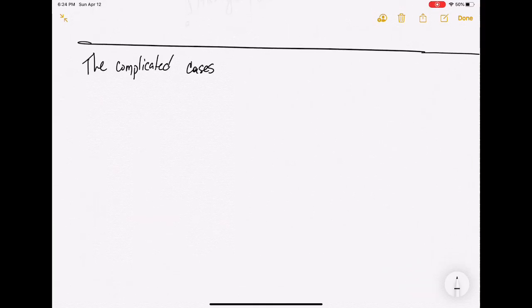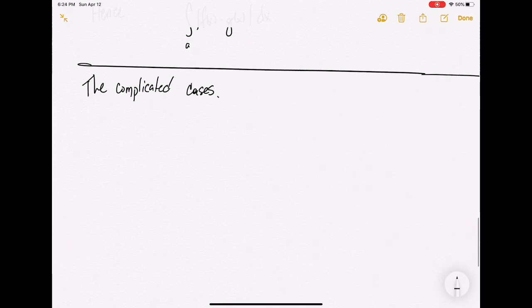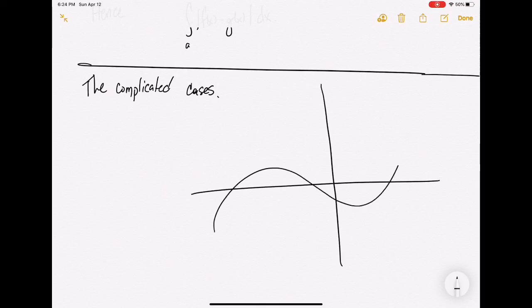Let's do, so I'll just draw it out and then we'll handle an example. So the complicated cases are something like this. So there's f, and then here's g.